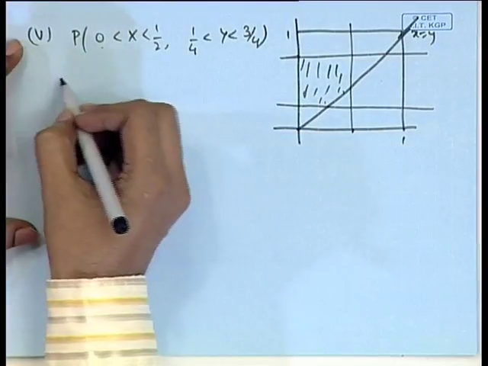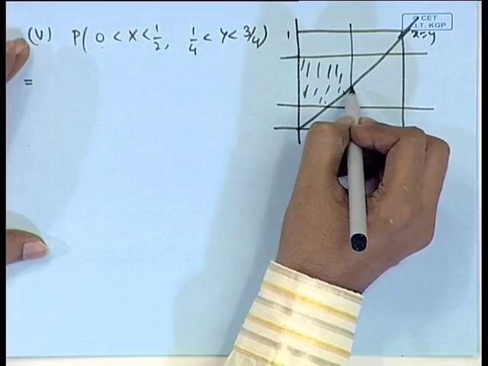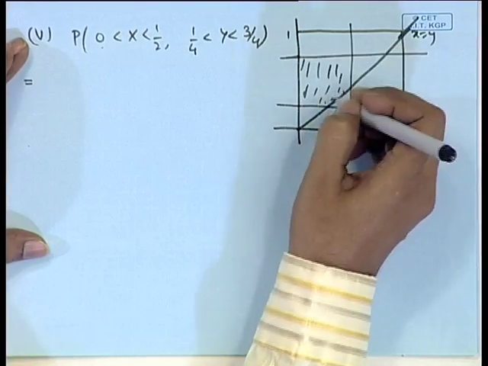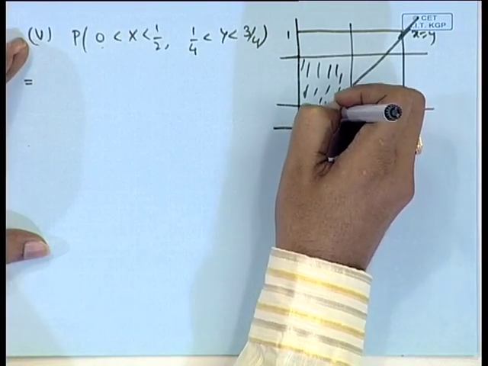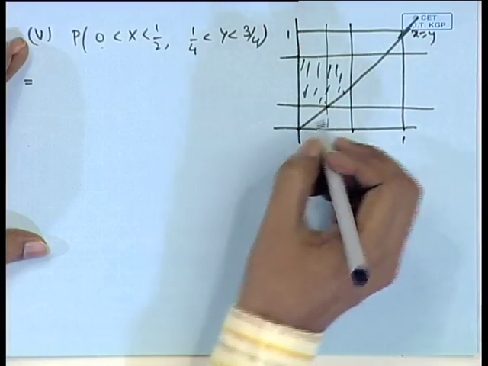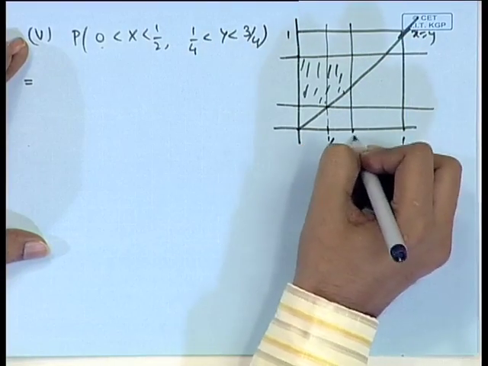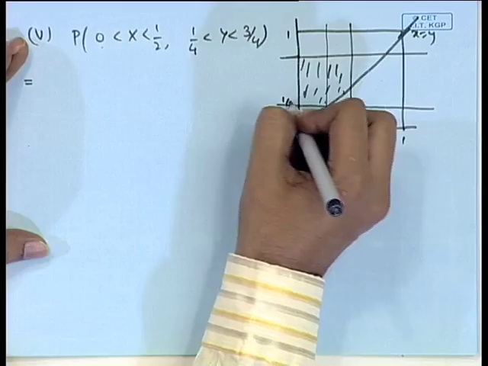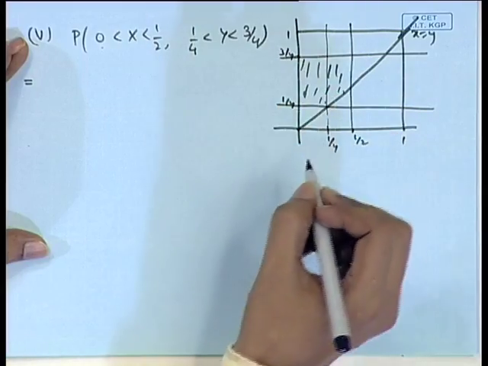Now, here we will have to integrate the density in two parts. So, we may split it into this type of portion. This point is 1 by 4, this point is 1 by 2, this point is 1 by 4, this point is 3 by 4.